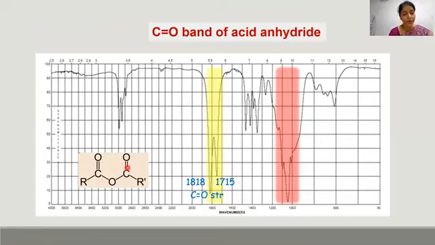Because of vibrational coupling, the two carbonyl groups produce a doublet, with peaks at about 1818 and 1750 centimeter inverse. So when the carbonyl peak near 1700 centimeter inverse appears as a doublet, only the carbonyl group in the form of anhydride can be present.